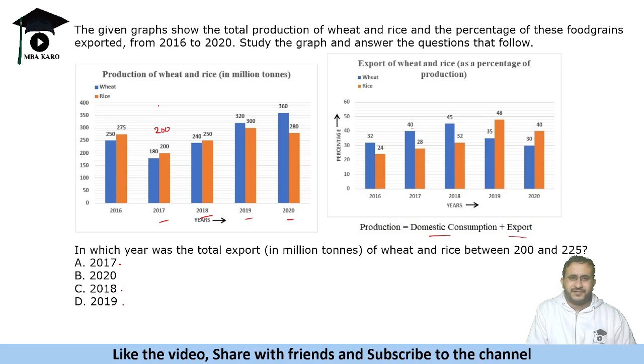So in 2017 it is 136, slightly less than this. So let's take 250 as the average production, 77%. So 77% will be around 77 ka 1/4 if we take, which is less than 200 only. Okay, it will not be that high.